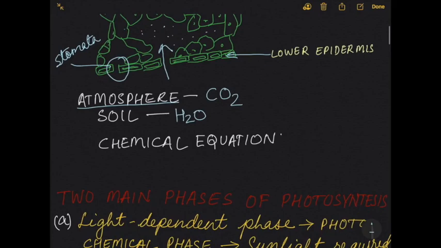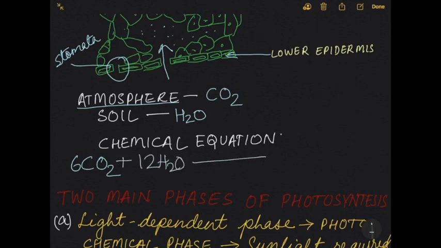Now coming to the chemical equation to represent the process of photosynthesis: 6 molecules of carbon dioxide combine with 12 molecules of water, and you know what is required, light energy is required, and what absorbs light energy? Chlorophyll.